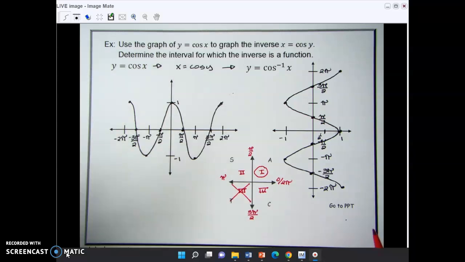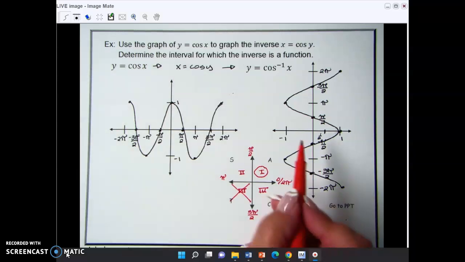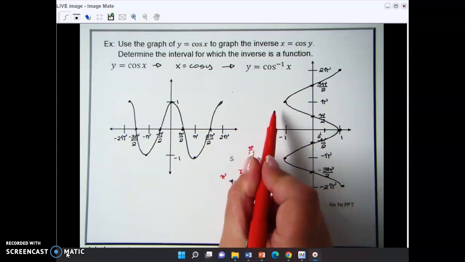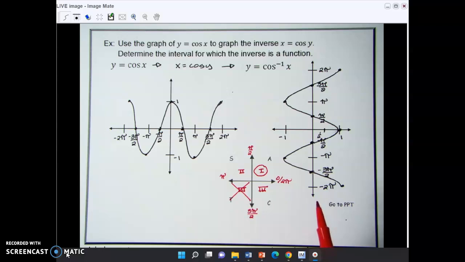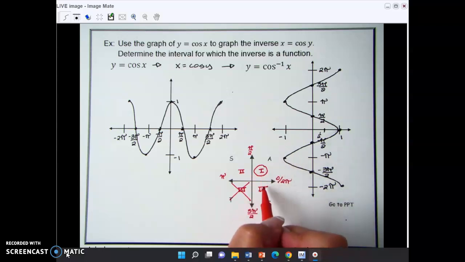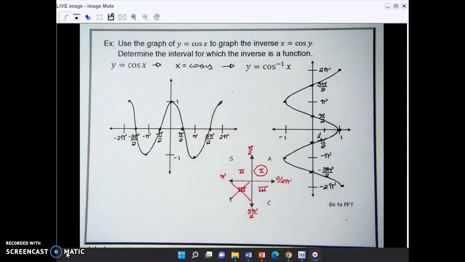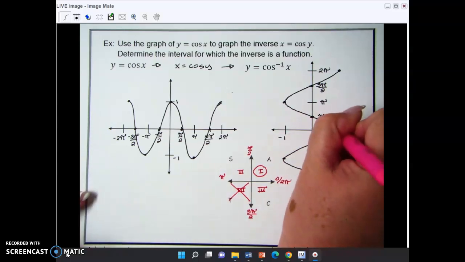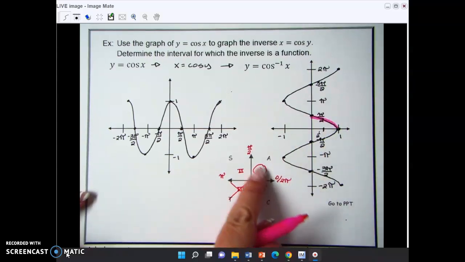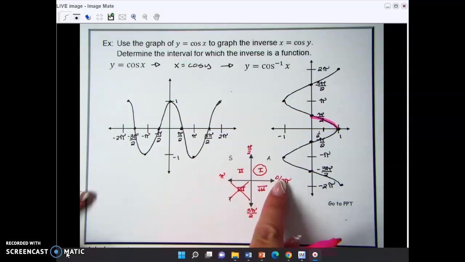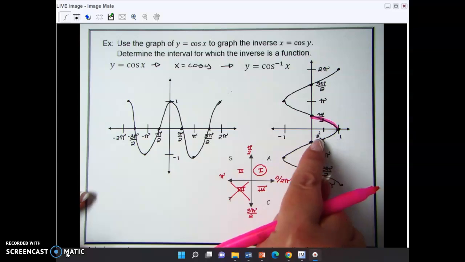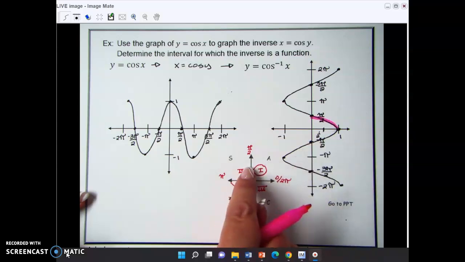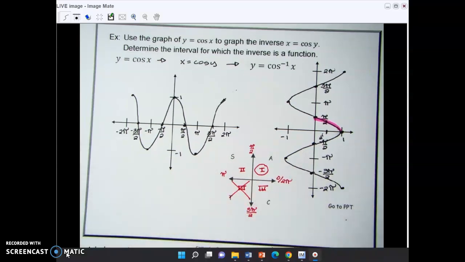And so what we want is a function where I can do inverses of negative numbers and I can do inverses of positive numbers, but I remain a function. So if I try to use quadrant 1 and 4, that means that I'm using from 0 to pi over 2, because remember quadrant 1 is from 0 to pi over 2. And then going backwards, I would try to use from 0 to negative pi over 2, but that wouldn't be a function because I would have cosine positive in the first and the fourth quadrant.